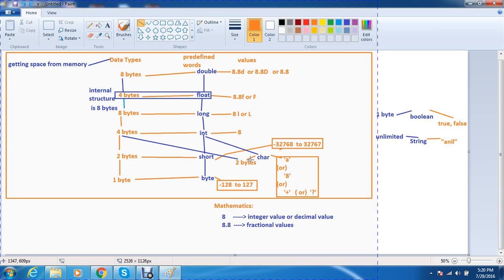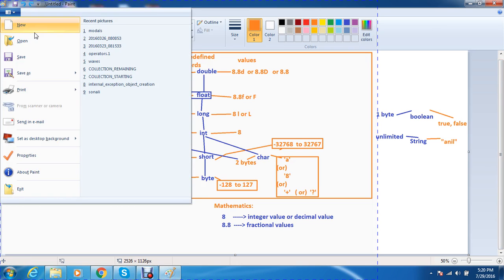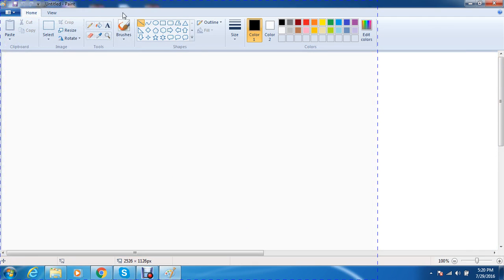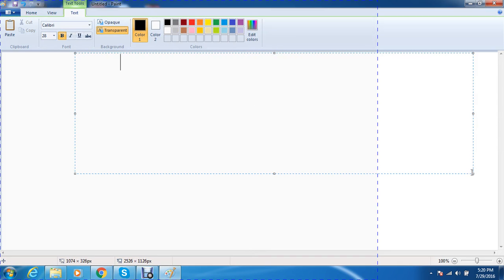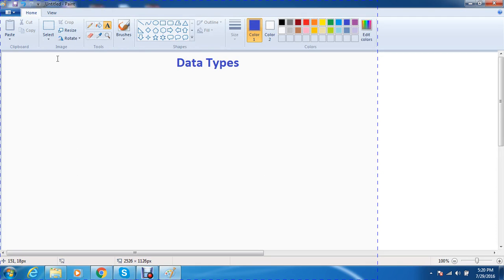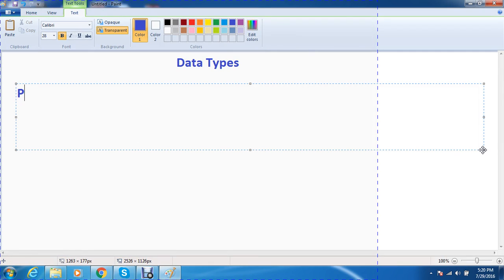Now let us understand the categorization of data types. Our data types are categorized into three groups. One is the predefined data type. Other one is the derived data type, otherwise called array.